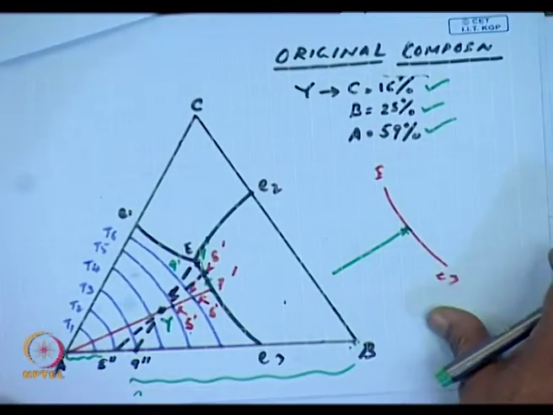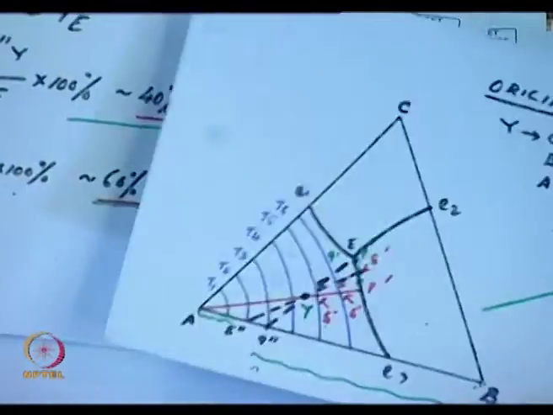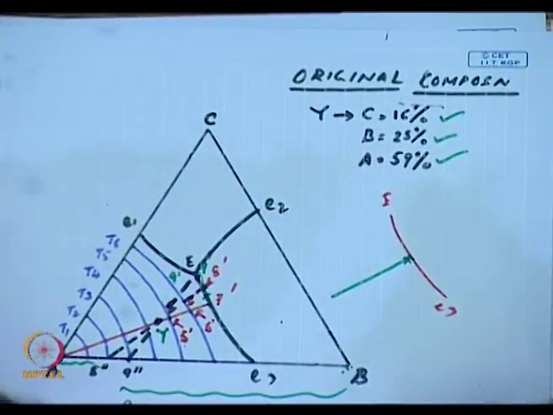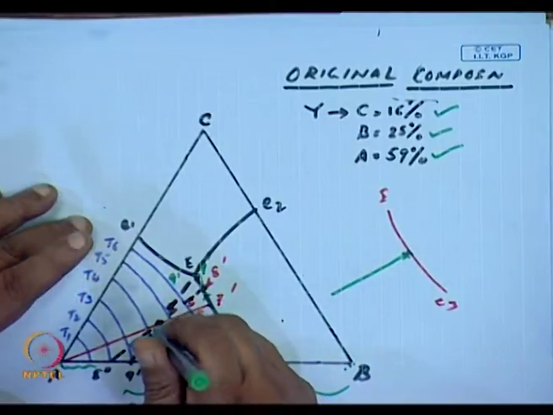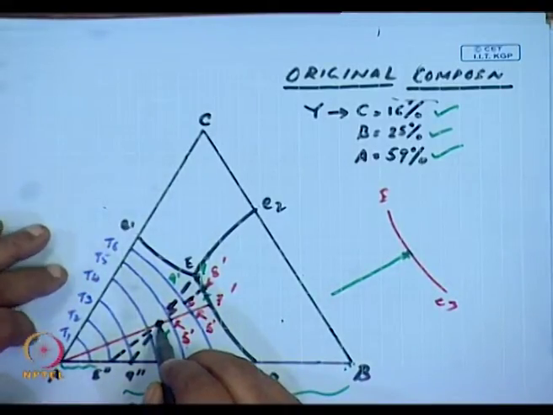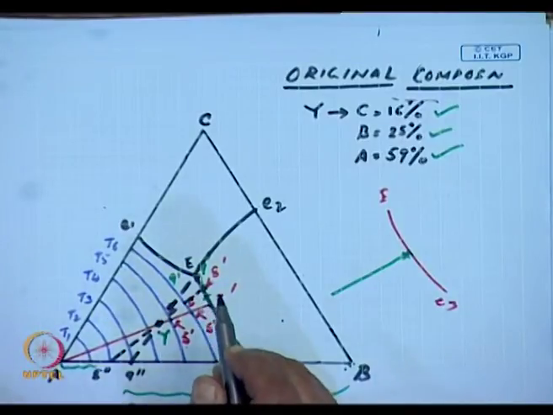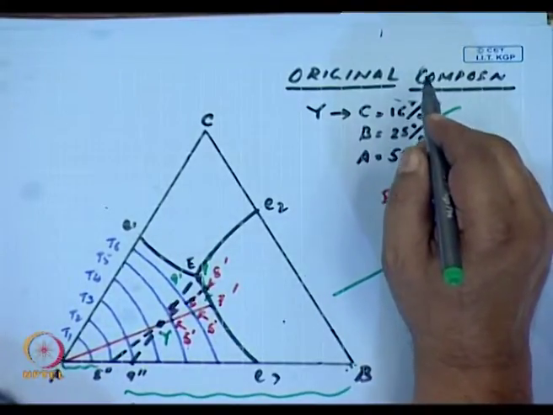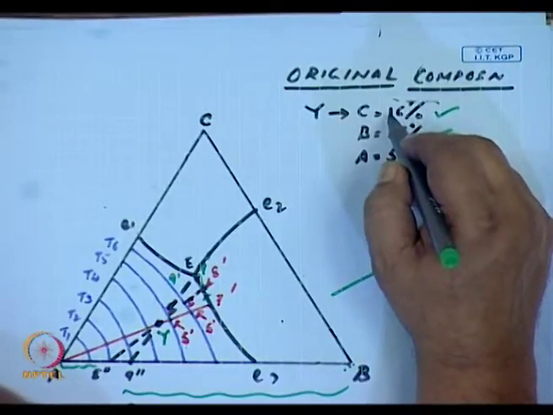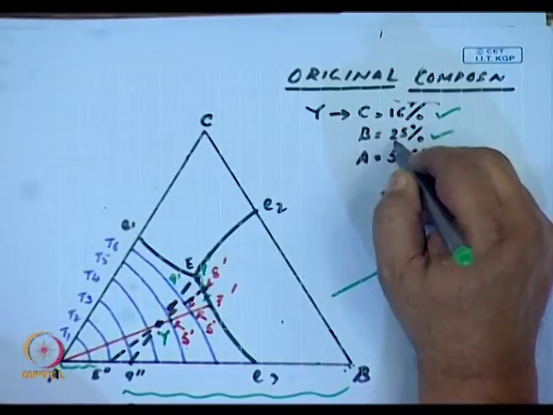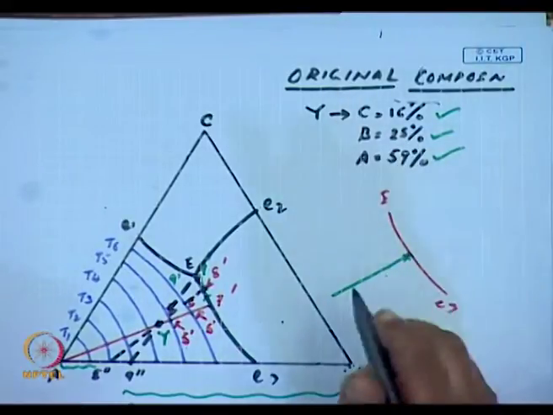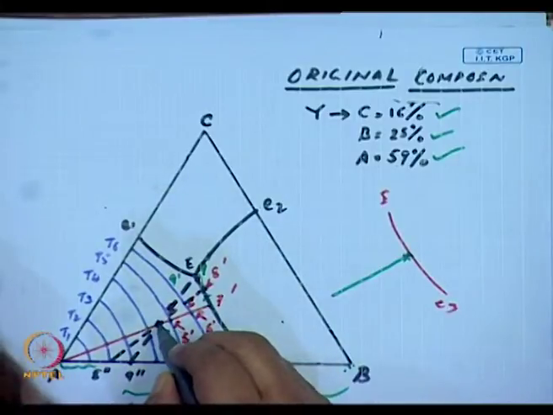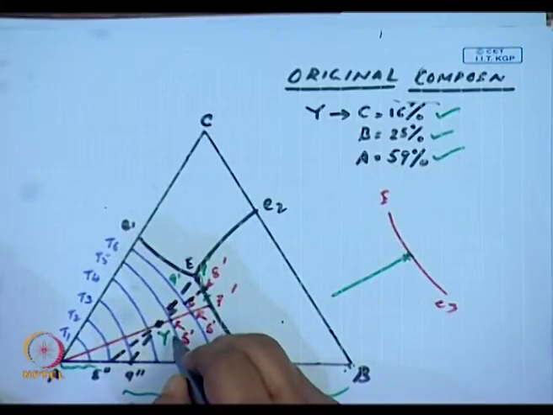Now, essentially, as we are in this particular three-phase diagram, to repeat before I move on, I have taken a material of this composition, Y, and it has a composition of C 16%, B 25%, and A 59%. When the temperature has reached this isothermal line T5, it starts cooling.